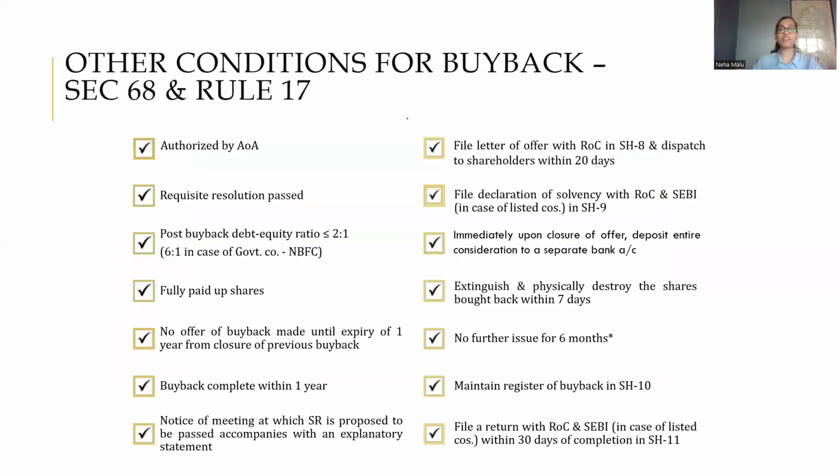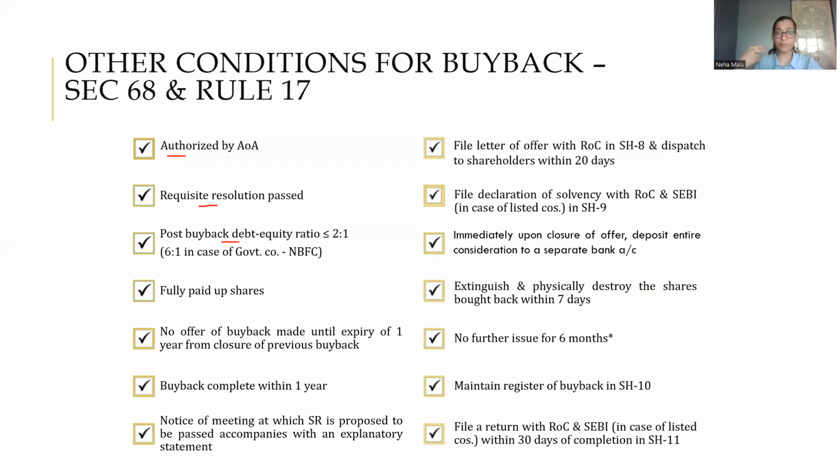Next, moving ahead with the conditions for buyback. There are some conditions that I have specified here with respect to buyback that all companies need to comply with. First of all, it is to be authorized by the articles of the company. The requisite resolution of the board or shareholders, as the case may be, has been obtained. And post buyback, the debt equity ratio cannot exceed 2:1.